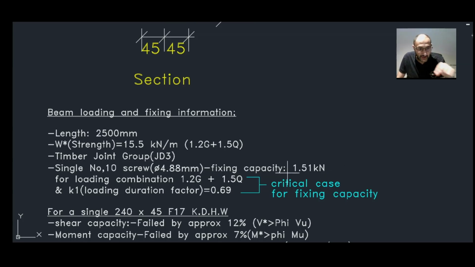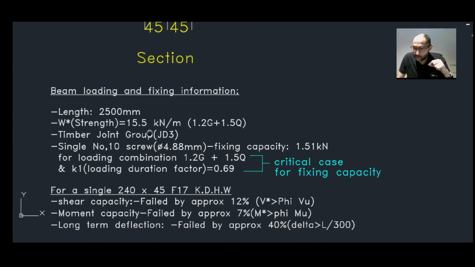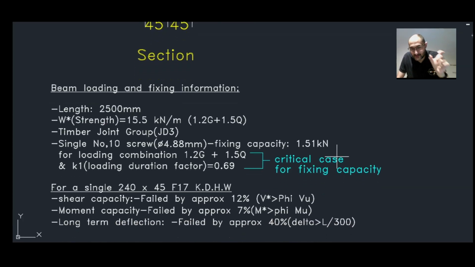Then the capacity for the screw: each screw is given to us here as 1.51 kilonewton. So 1.51 kilonewton is the capacity per fixing, and that was based on the duration factor K1 of 0.69.